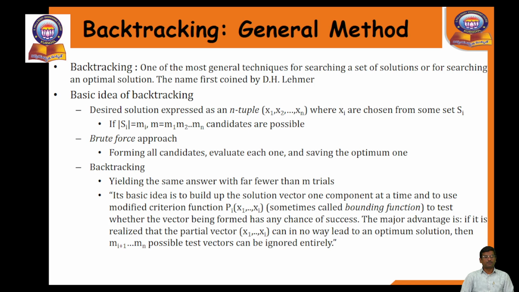Some problems can be solved using exhaustive search. The exhaustive search technique suggests generating all candidate solutions and then identifying one with the desired property. Backtracking is a more intelligent variation of this approach. The principal idea is to construct the solutions one component at a time and evaluate such partially constructed candidates in the following ways.